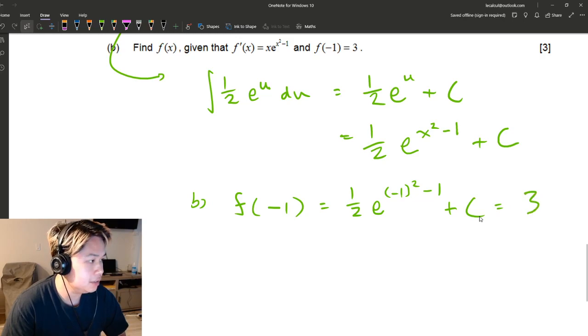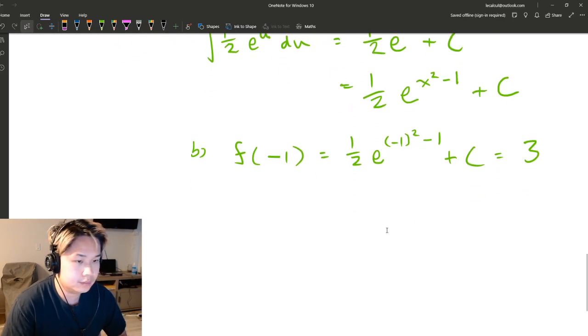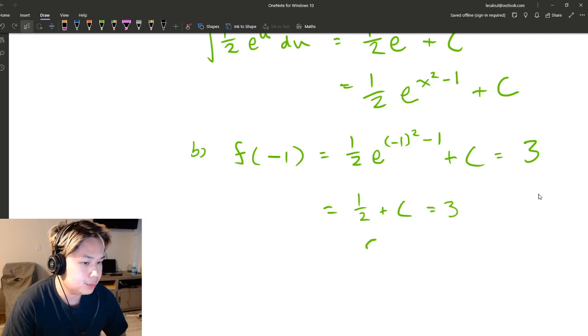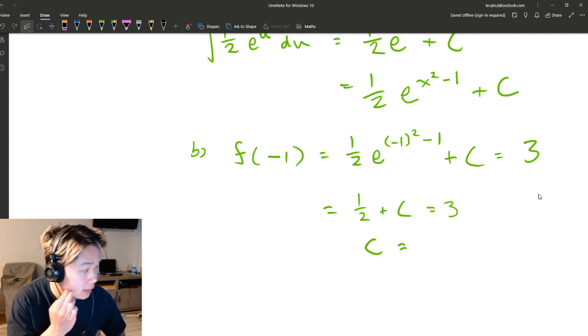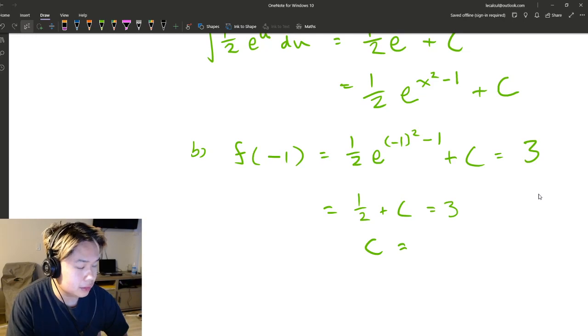And we know that this should equal 3. Okay, this is 1, -1 is 0, so then e to the power 0 is just 1. So 1/2 plus c needs to be 3. I guess I'll just write that out.